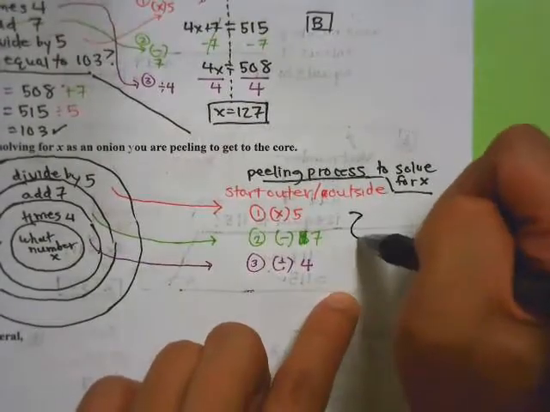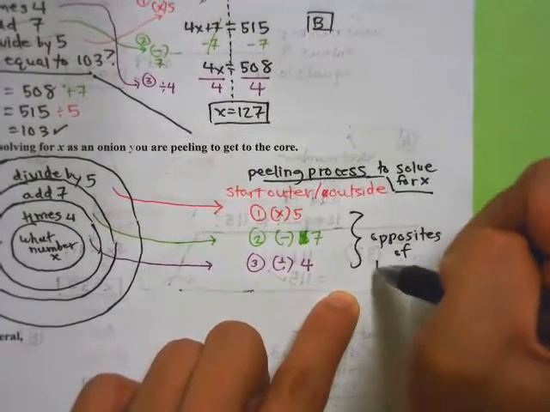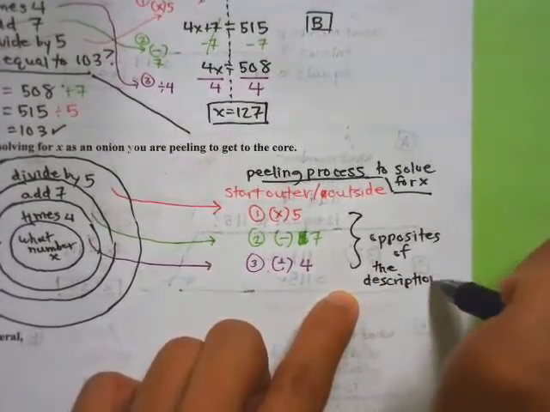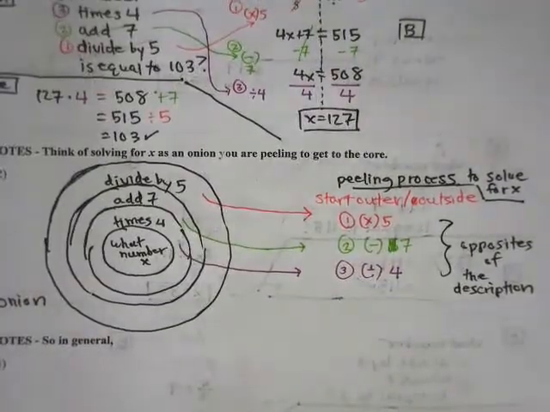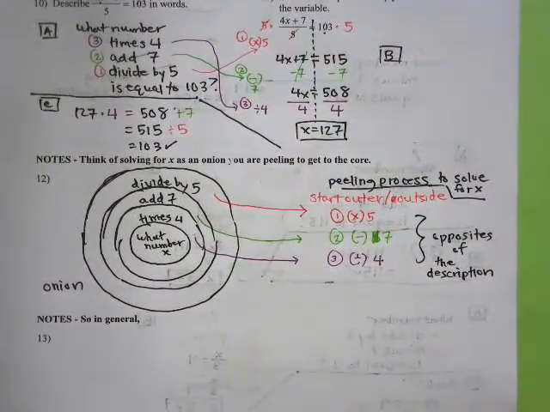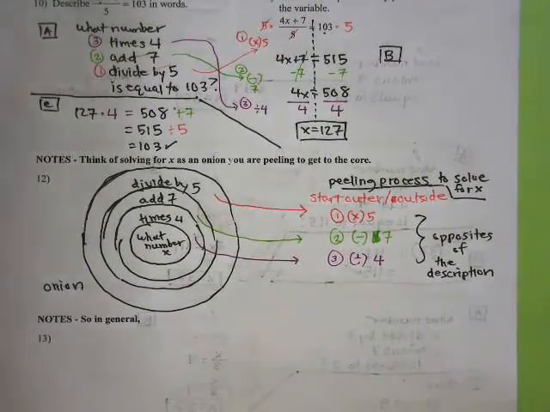And I do want to remind you guys that these are opposites of the description. I hope it makes sense now, from this lesson, which step you have to do first. Like I said, a lot of students come in from middle school to my Algebra 1 class, and that's going to be the first question.